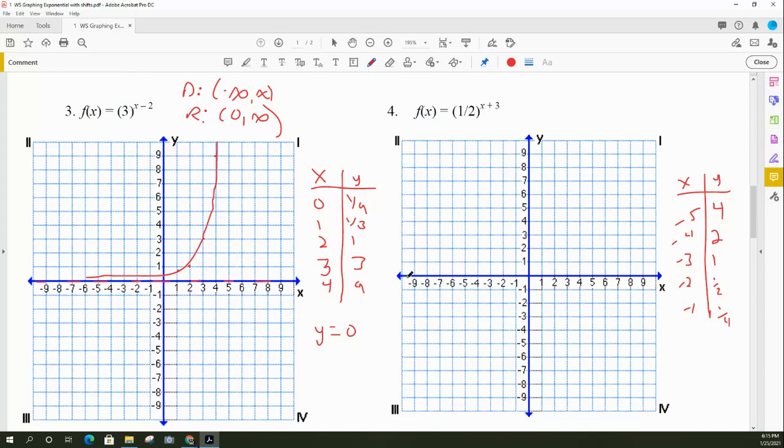Draw our horizontal asymptote, which is at 0. So again, we write that y equals 0. Plot these points. You can see our decay function.